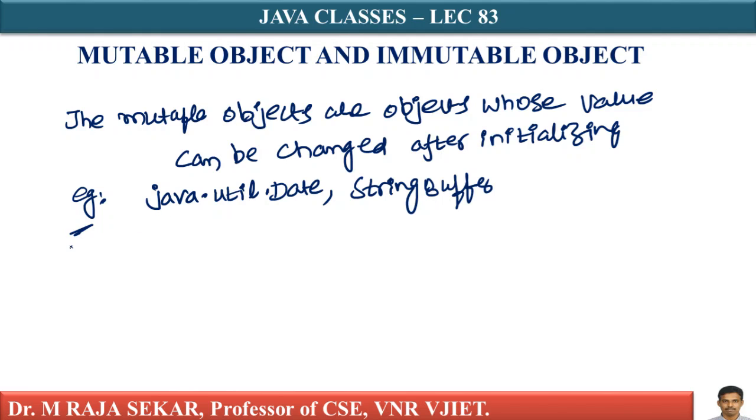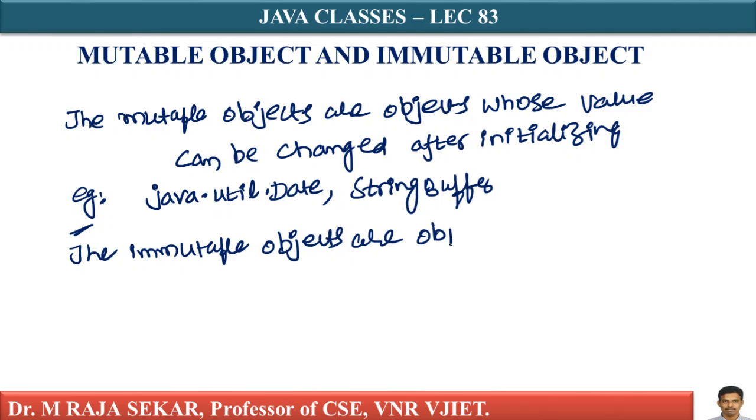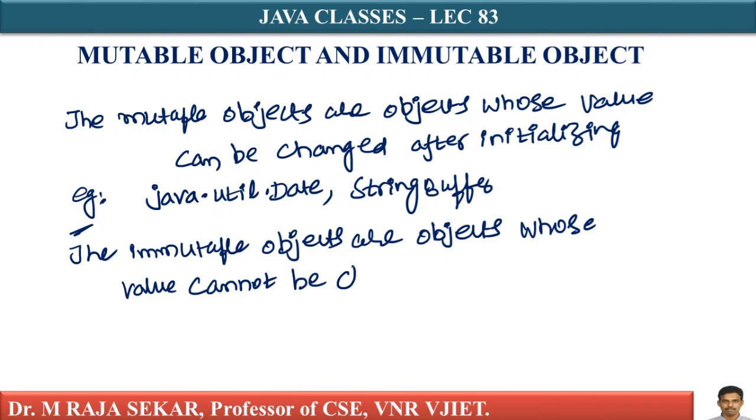The immutable objects are objects whose value cannot be changed after initialization. This is important.